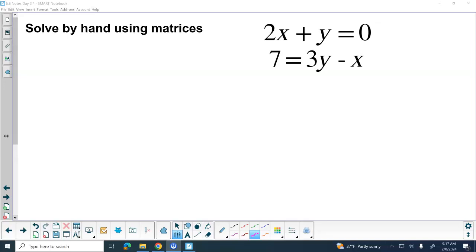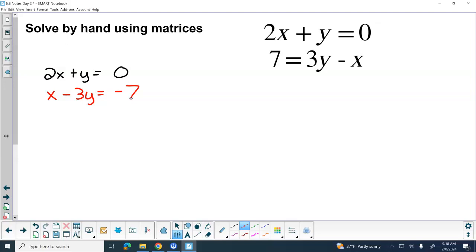So the trick in this one is, yes, it is 2x plus y equals 0 on the first one. But the other trick is that it is really x minus 3y equals negative 7 on the bottom one. Okay? Or negative x plus 3y equals positive 7 on the bottom.